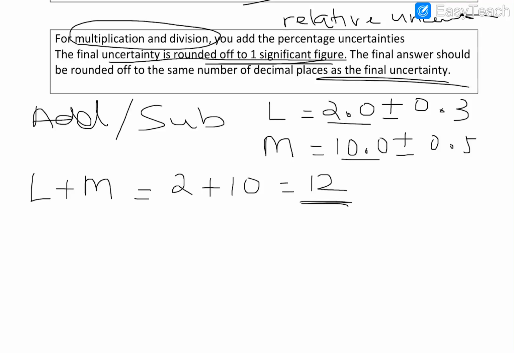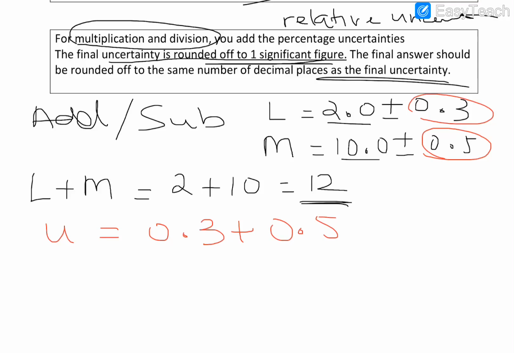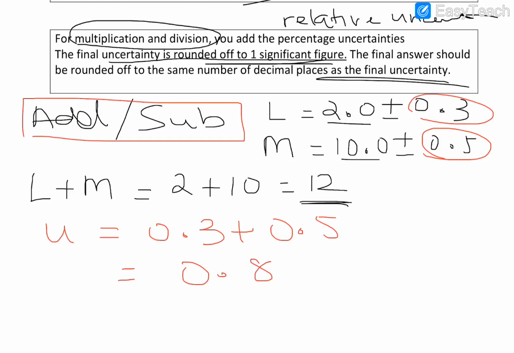And now I'm going to find the uncertainties, the absolute uncertainty. So you always add uncertainties, whether it's addition or subtraction. So I'll add these two, I get 0.8.